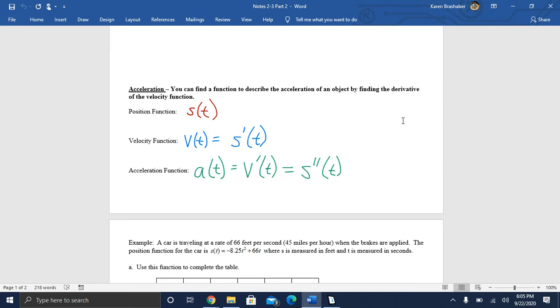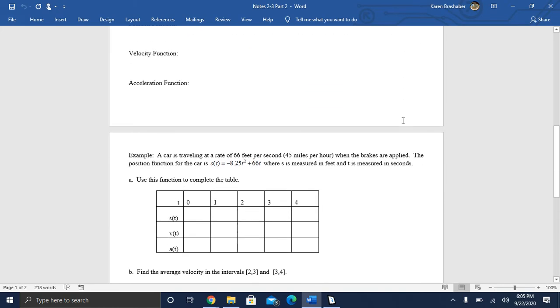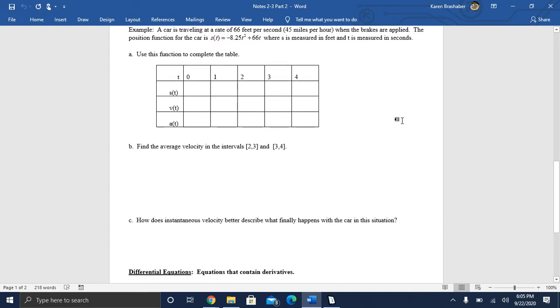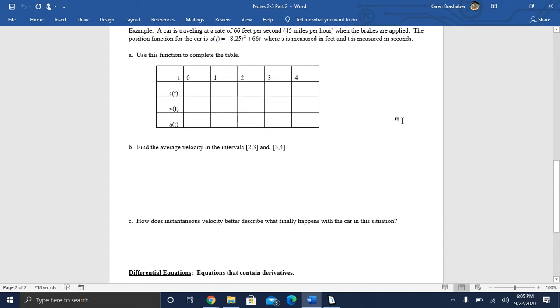So we'll turn your papers over and look at the example that's on the back. So we have in this example a car traveling at a rate of 66 feet per second, which is 45 miles an hour.